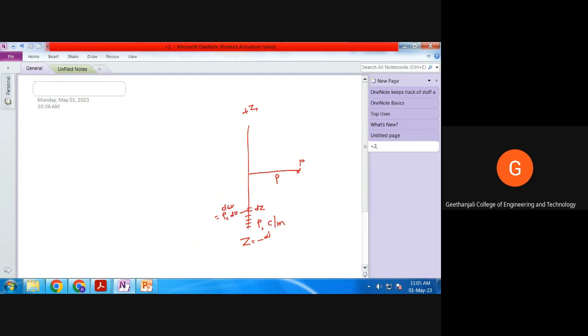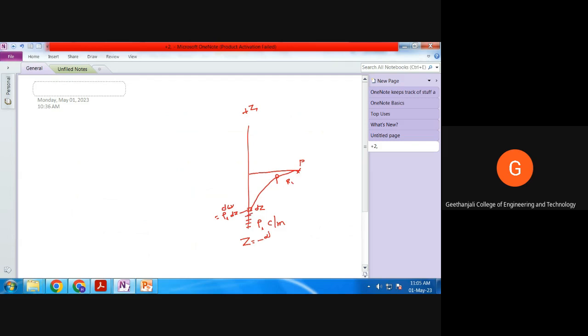So forget about the remaining part of the line charge. When you consider only this dz, which has a charge of rho L into dz, let r1 be the distance. Find out the differential electric field intensity at point P because of this dz.